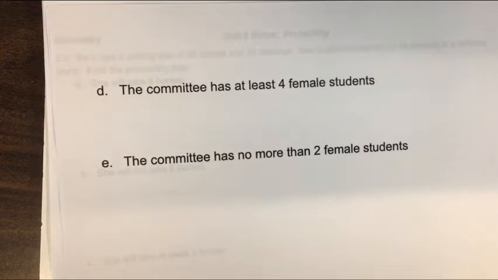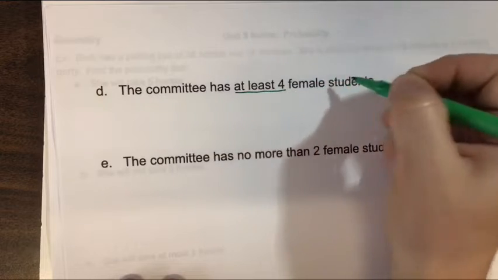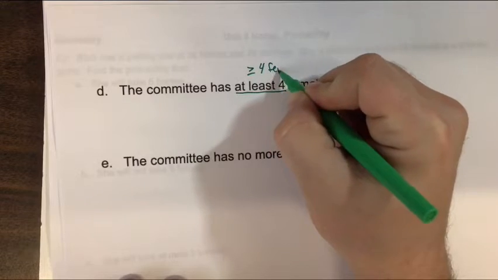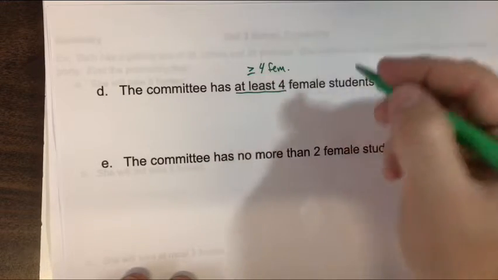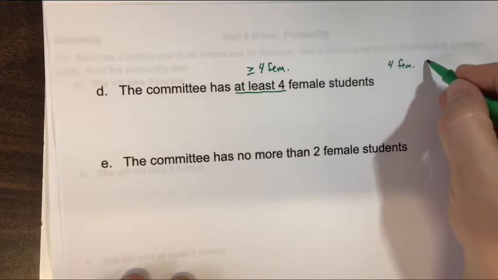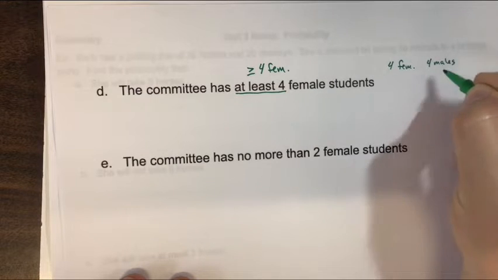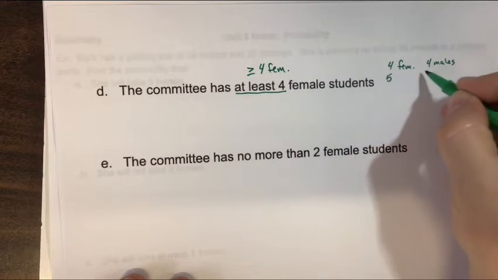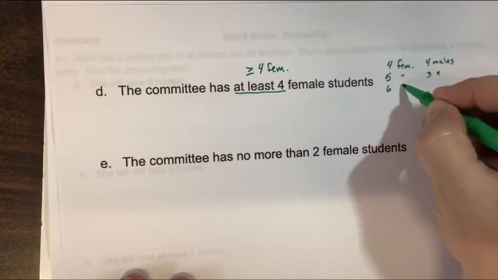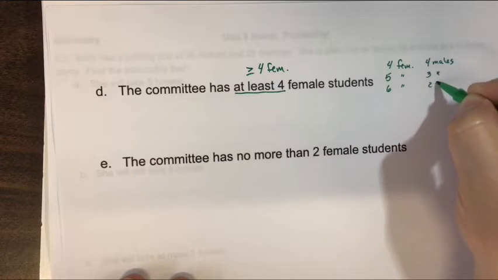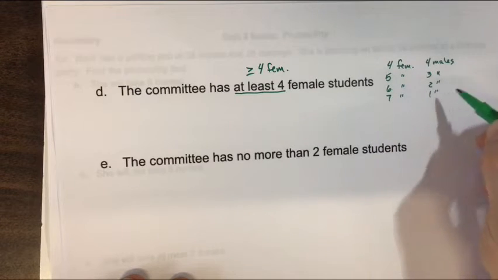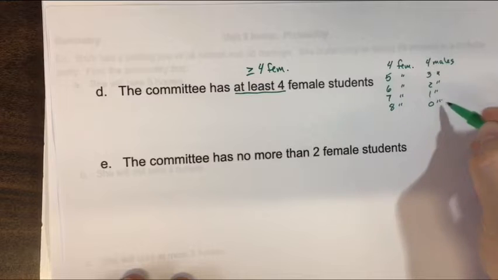So, at least 4 students that are female means greater than or equal to 4 female students, which means I could have 4 females, and it's a committee of 8 again, so that'd be 4 males, or 5 females and 3 males, or 6 females and 2 males, or 7 females and 1 male, or all 8 females and no males.